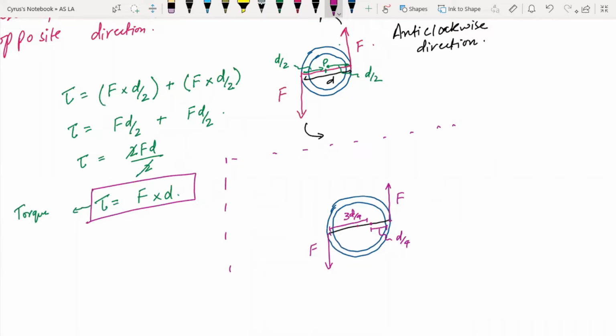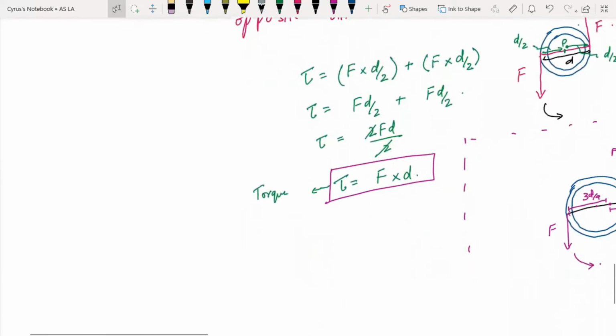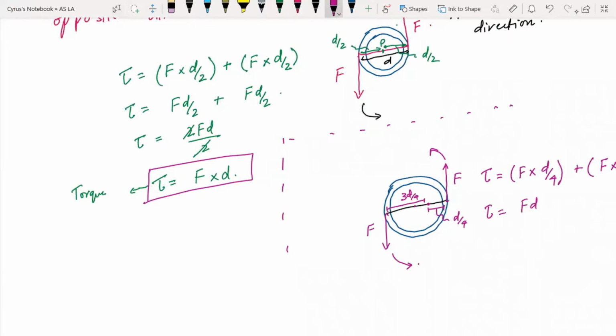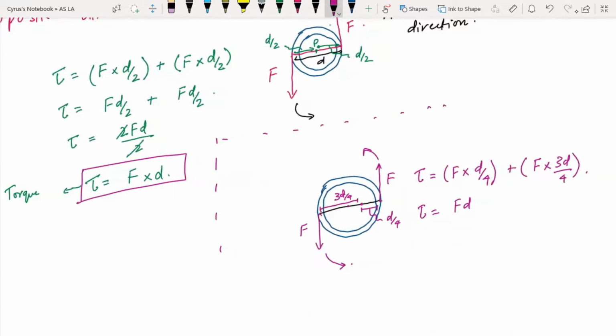तो अगर आप थोड़ा गौर करें यहाँ पे, तो जो टॉर्क होगा वो कैसे होगा? टॉर्क इज, ये वाला भी एंटी क्लॉकवाइज है, this one is also anti-clockwise, so the torque here becomes F into d by 4 plus F into 3d by 4, और यहाँ पे आपके पास डिफरेंट फोर्सेस लग रही होती है। अगर ये डिस्टेंस 2d होता तो यहाँ पे F into 2d आ जाता, ठीक है। तो ये आपके पास Fd by 4 प्लस 3Fd by 4 आ जाएगा और ये बन जाएगा आपके पास 4Fd over 4.